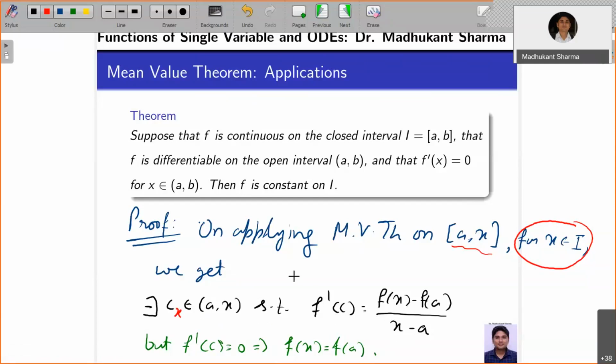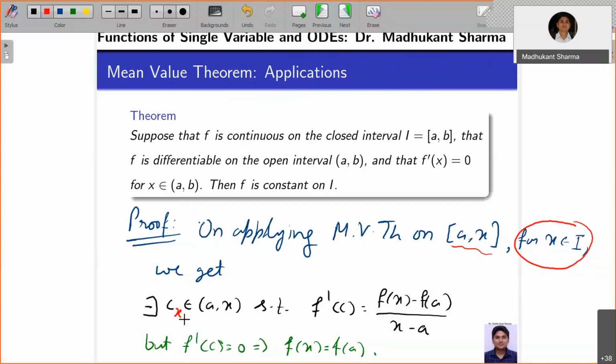Now since it is given that f dash of x is 0 for x in the open interval (a, b), and C is an interior point of the open interval (a, x), that implies f dash of C must be 0. We are assuming that x is strictly greater than a.